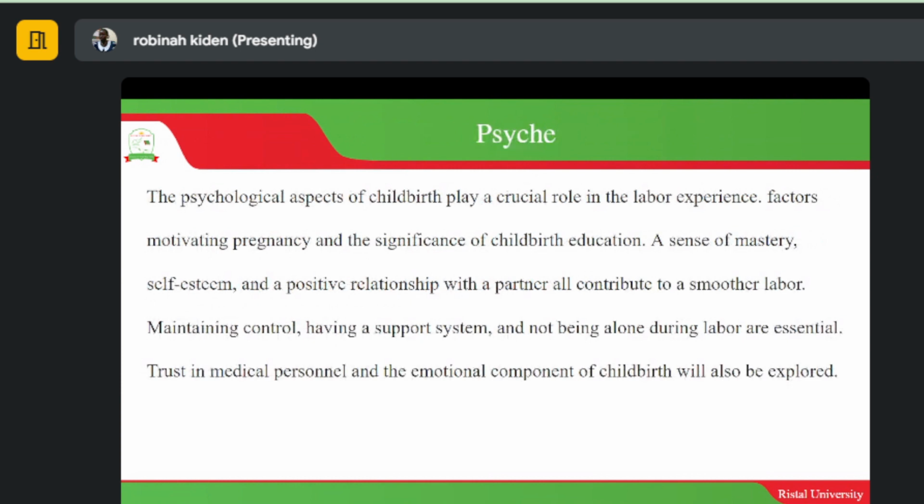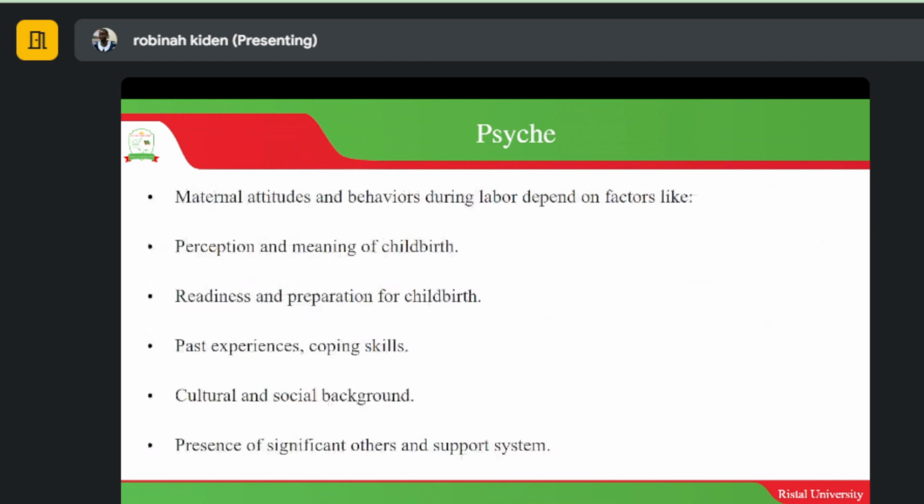Psyche, the psychological aspects of childbirth play a very important role. So, how the mother is prepared for her childbirth determines how she will react. So, when the mother is well prepared for the childbirth, she is likely to react positively. She will feel that yes, she can be able to make it, and indeed she will be able to make it.